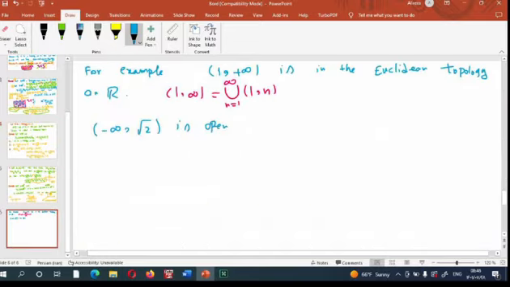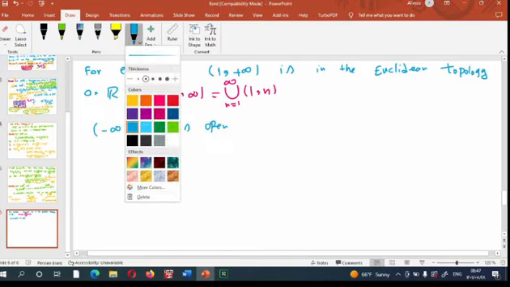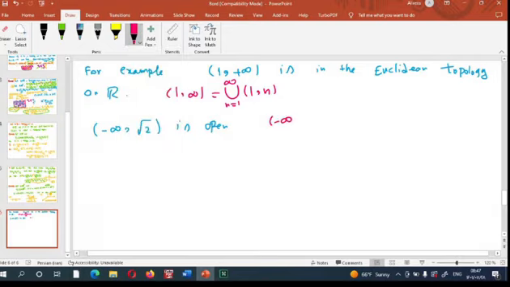So we can say that this set is in this topology, or this is an open set in this topology. This is open because we see that this is equal to, for example, this union.